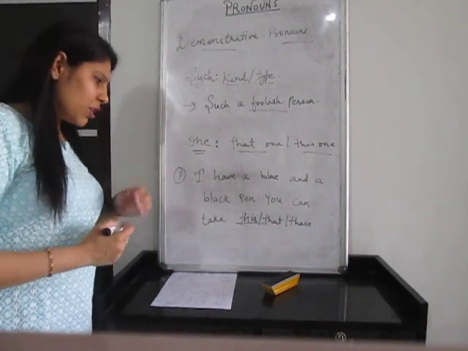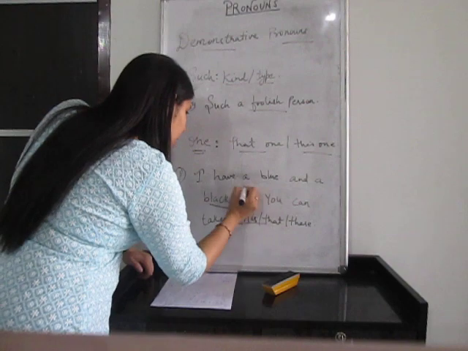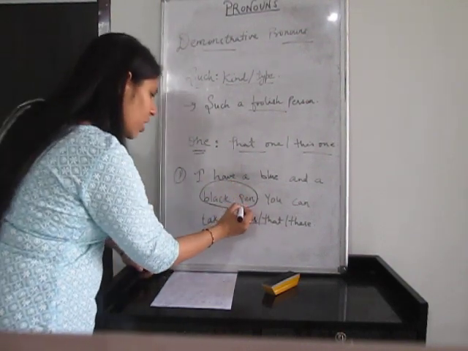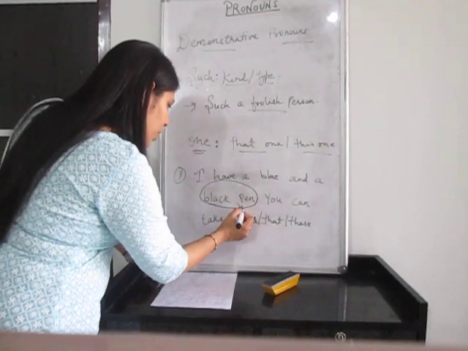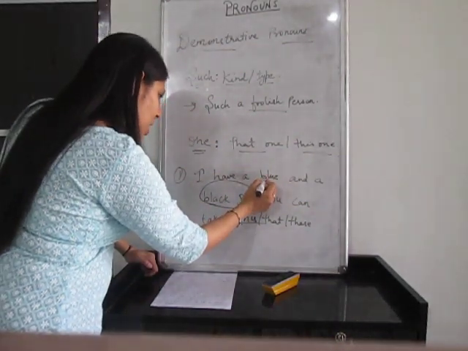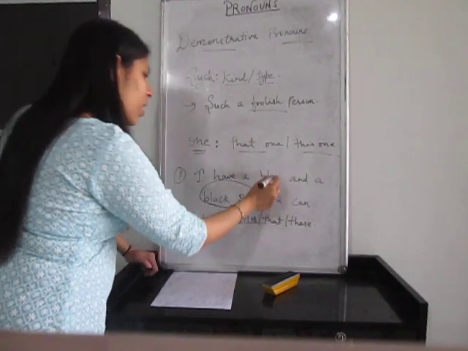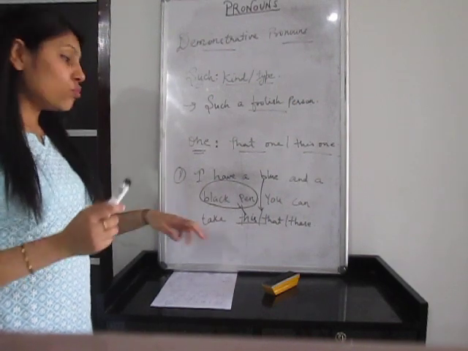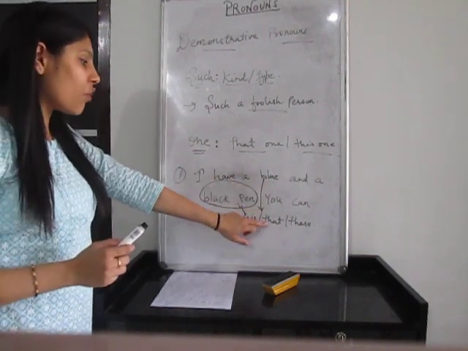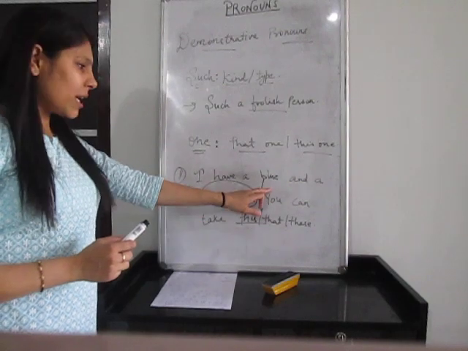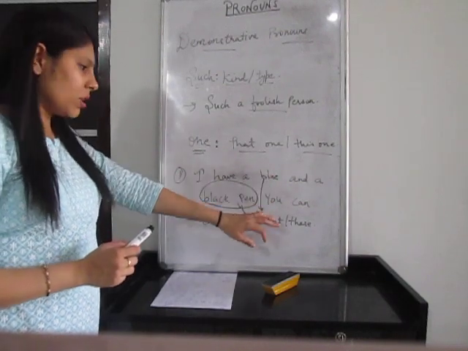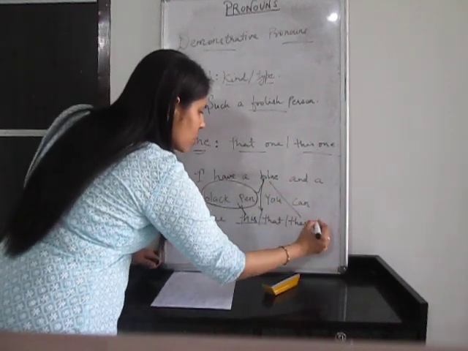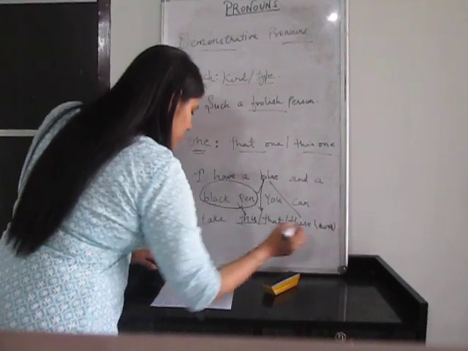If I am saying take the black pen, the nearest subject, I will use this. If I am referring to the blue pen, I say take that one, because it is the far subject. And if I am referring to both, you can take both of them, then I will use these.